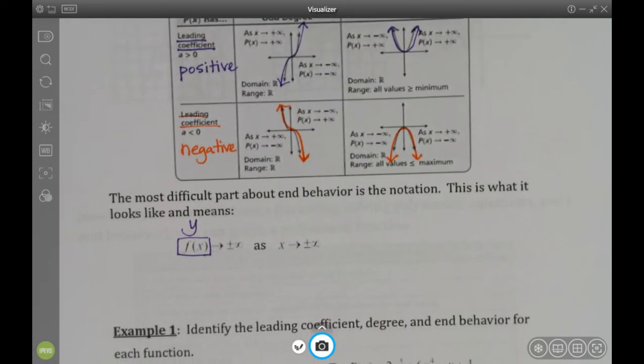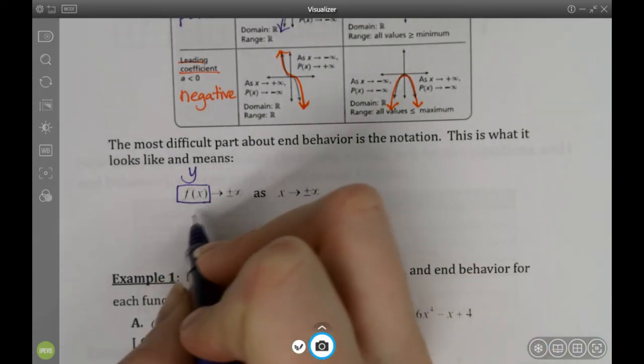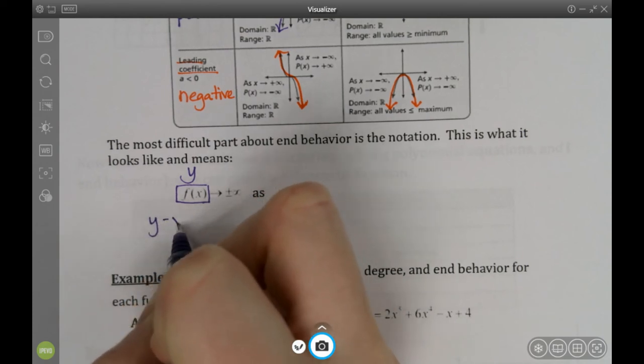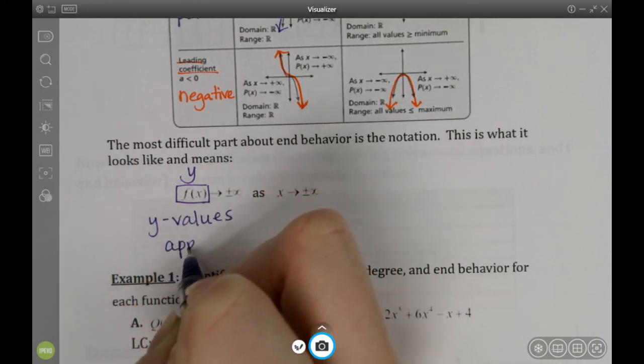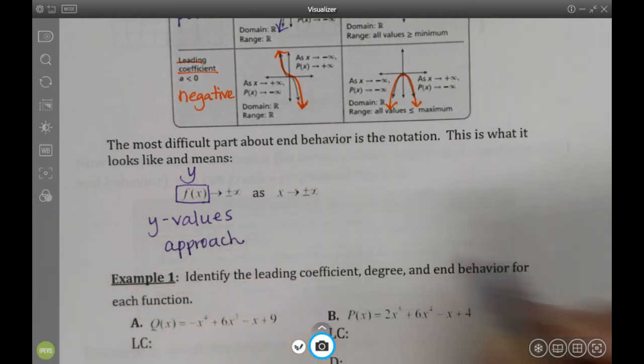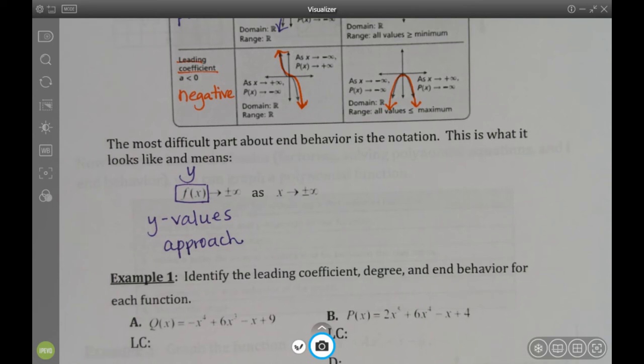This is saying that your y values are going to approach either negative infinity or positive infinity, so either the negative direction or the positive direction. Y values are up and down.